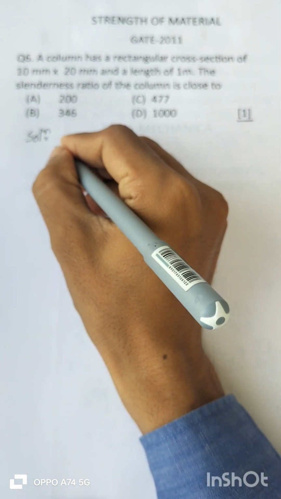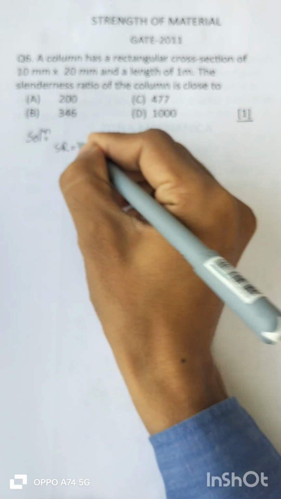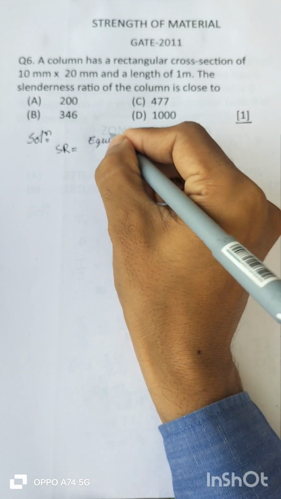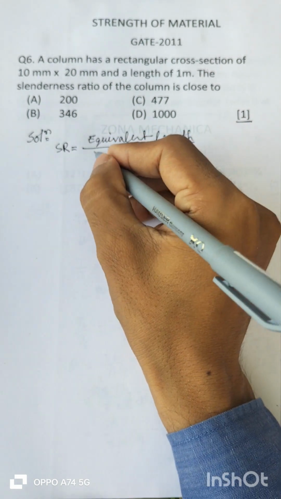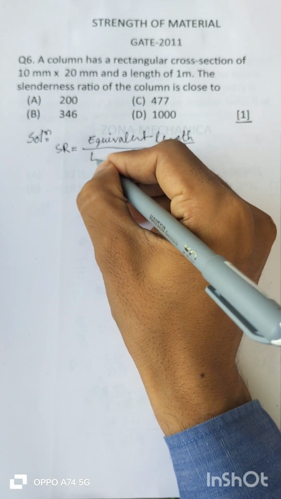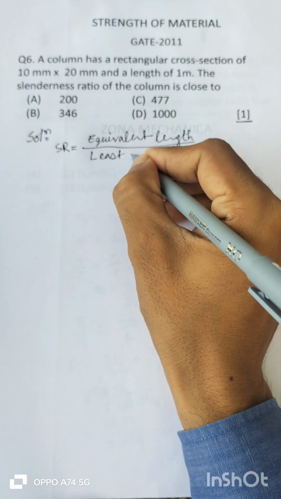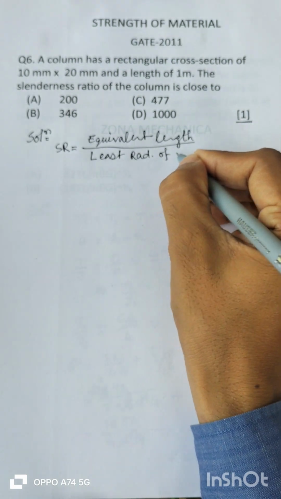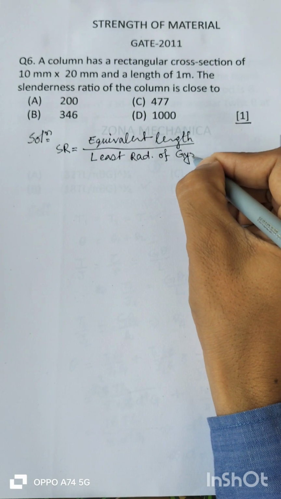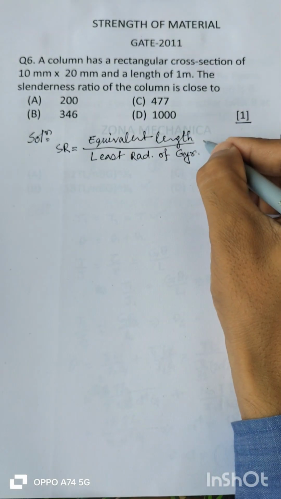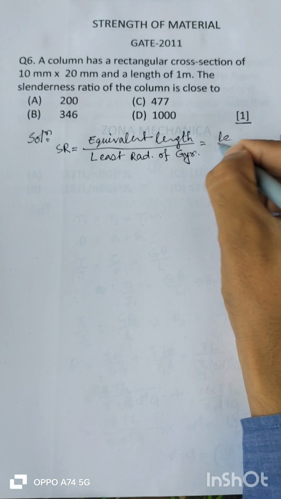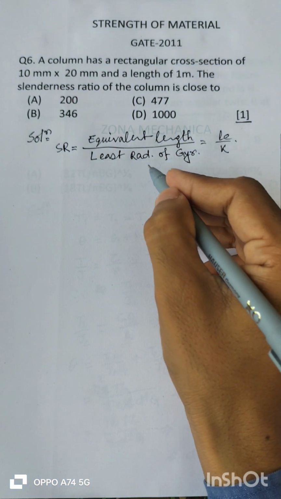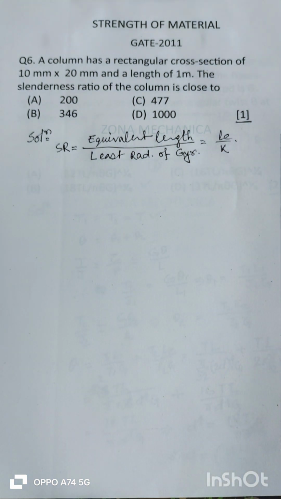First of all, slenderness ratio. It is the ratio of equivalent length of the column to the least radius of gyration. That is Le by K. Now what is radius of gyration?